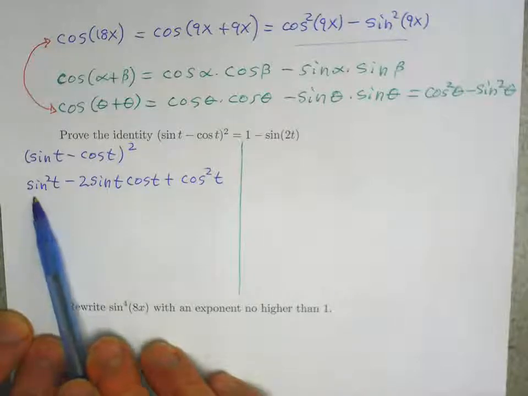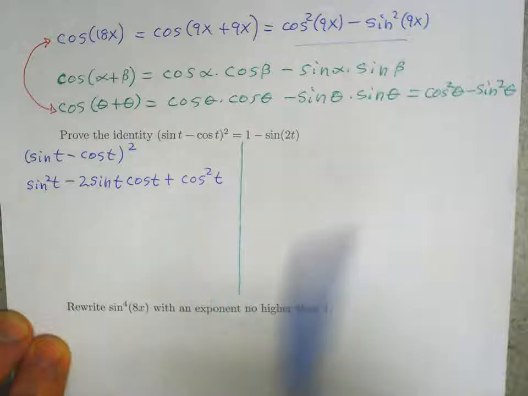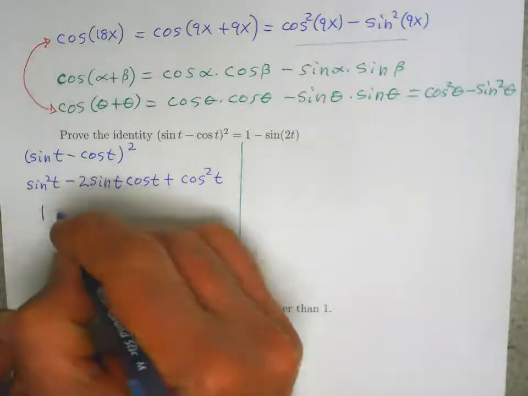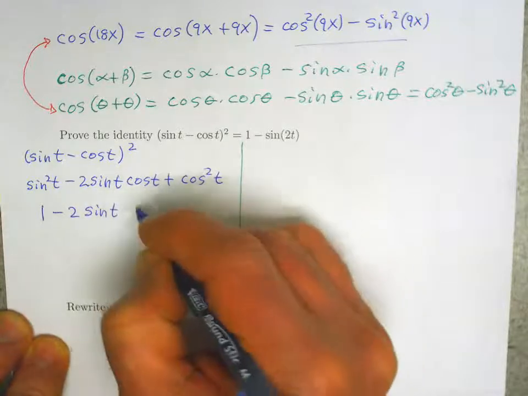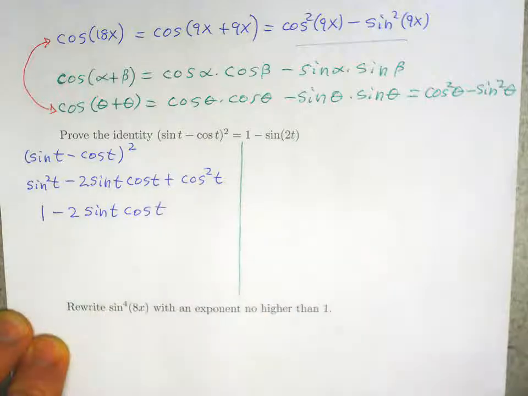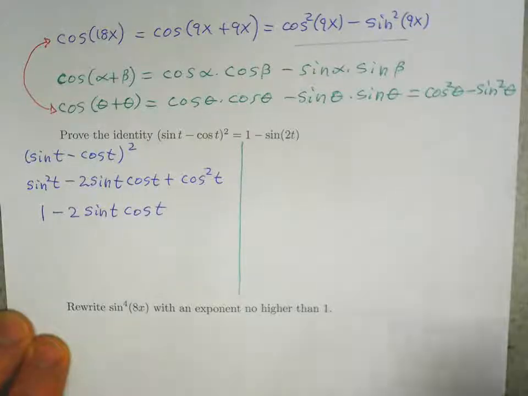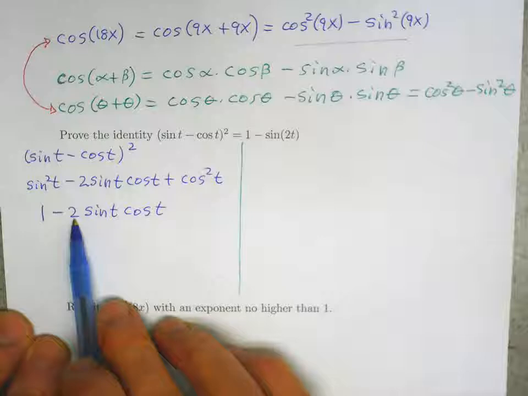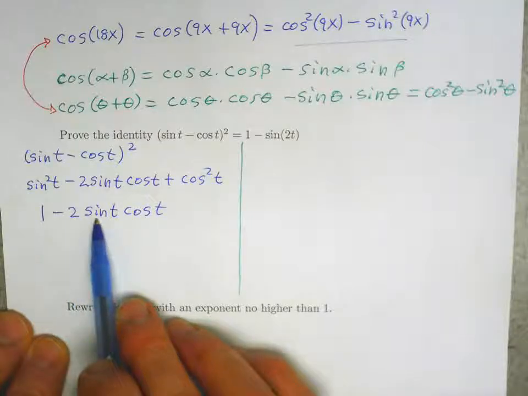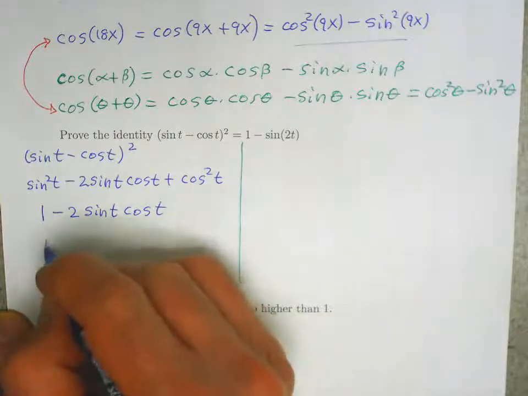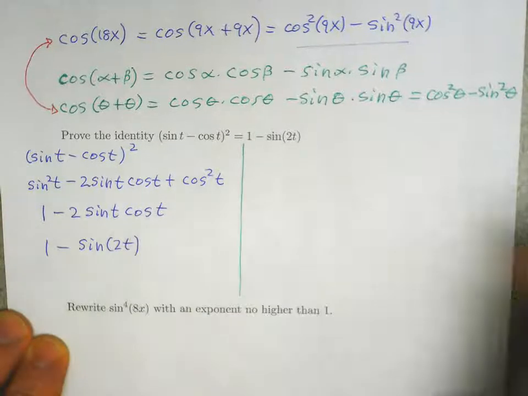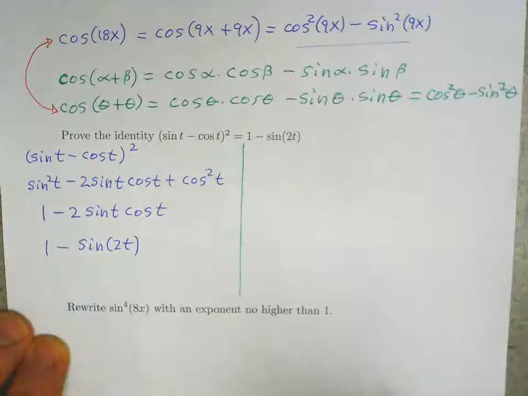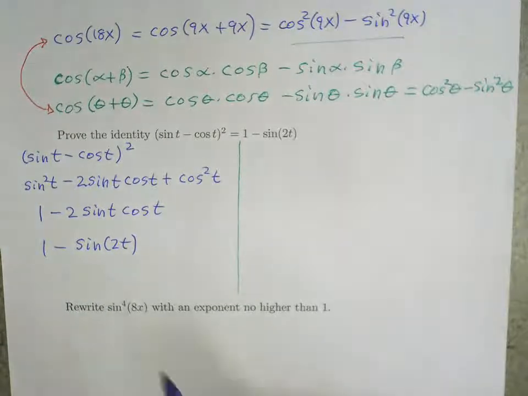Sine of t squared plus cosine of t squared equals 1. So we get 1 minus 2 times sine of t times cosine of t. And then recognize an identity. 2 times sine of t times cosine of t is sine of 2t. So we ended up with the right-hand side.